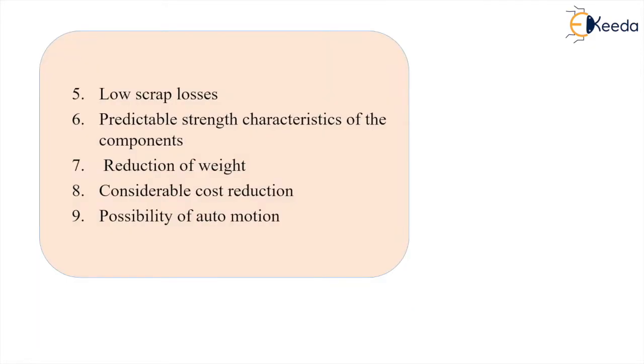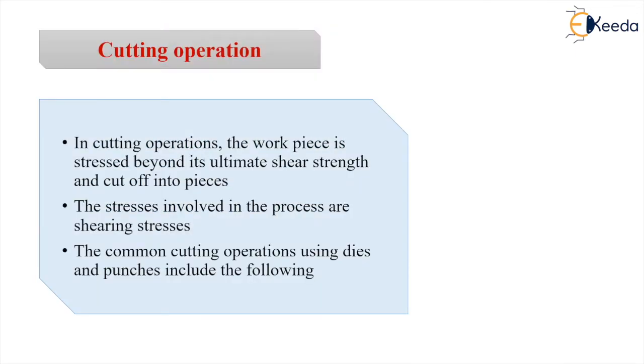Then low scrap, we are having low losses in the scraps. Predictable strength characteristics of the component, reduction in the weight, considerable cost reduction. We can have automation. So these are the advantages of this operation, sheet metal operation.